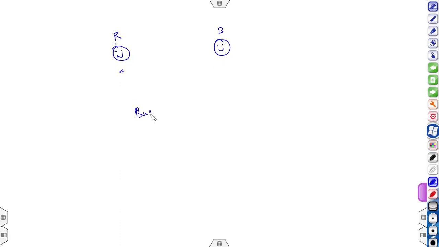So the dot product can be used to calculate backstabbing.